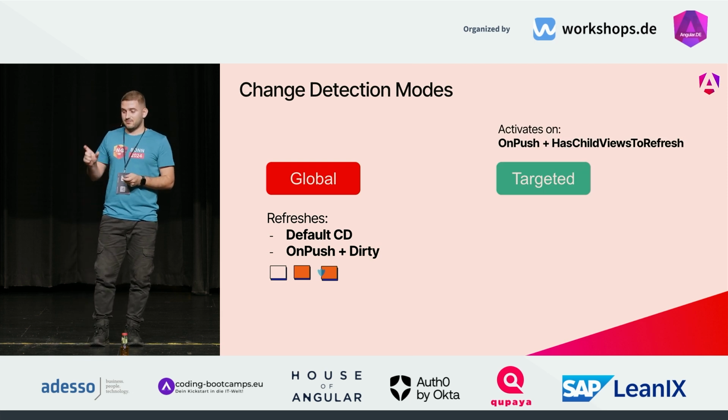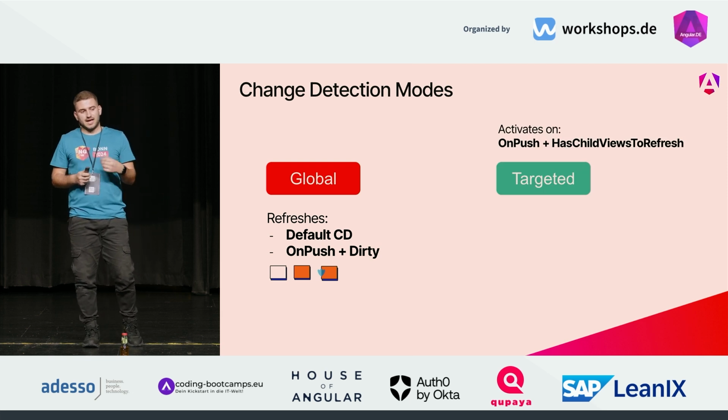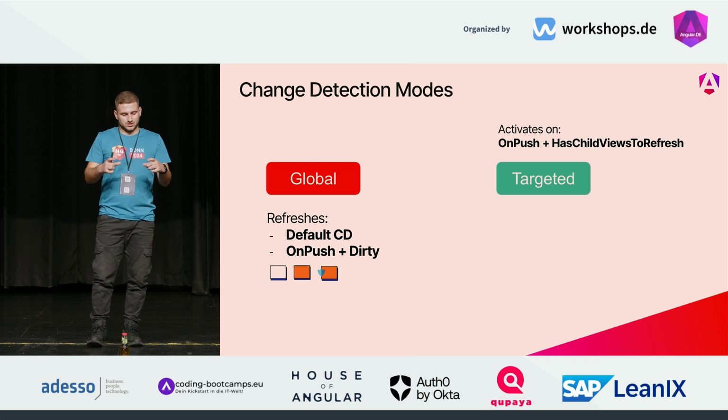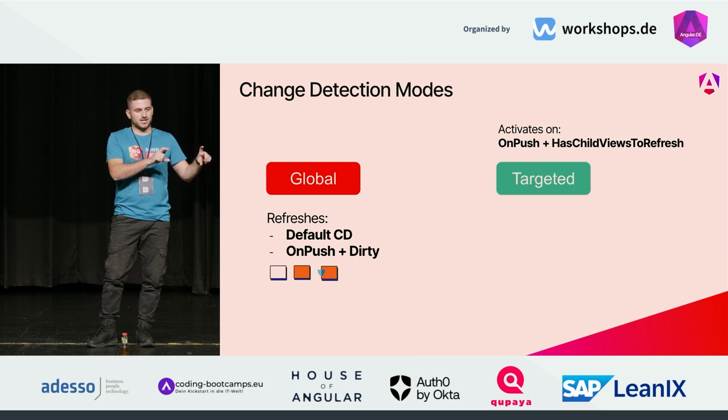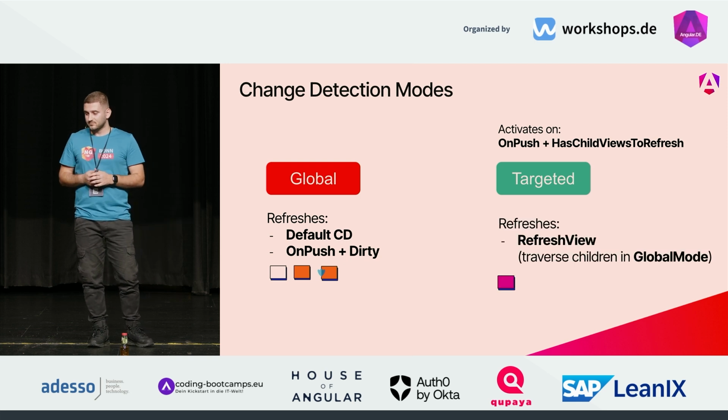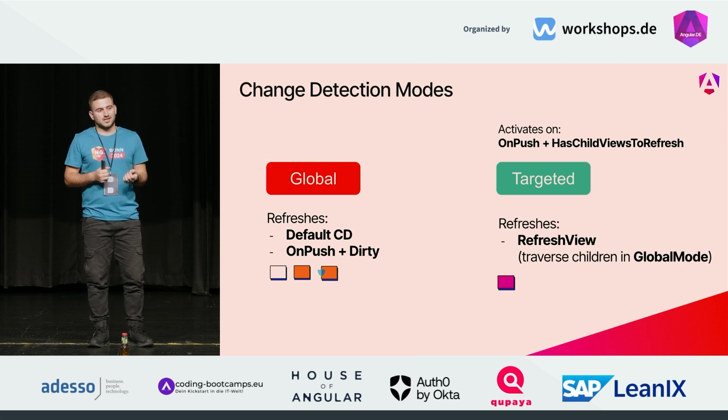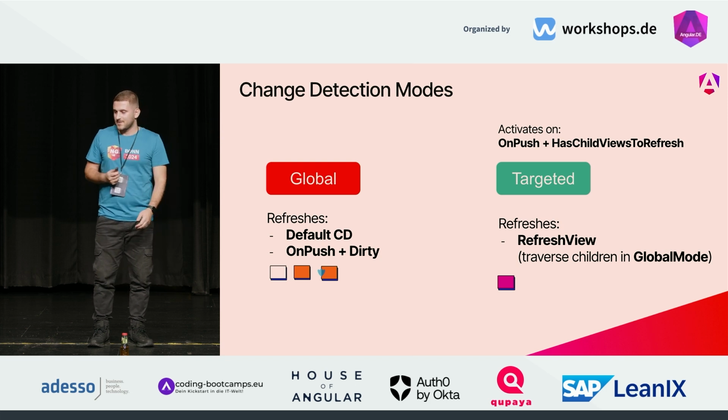And then we have the targeted mode, which now will be activated every time Angular checks if I have an OnPush component that has child views to refresh. Then it will refresh only the components that are marked as refresh view.